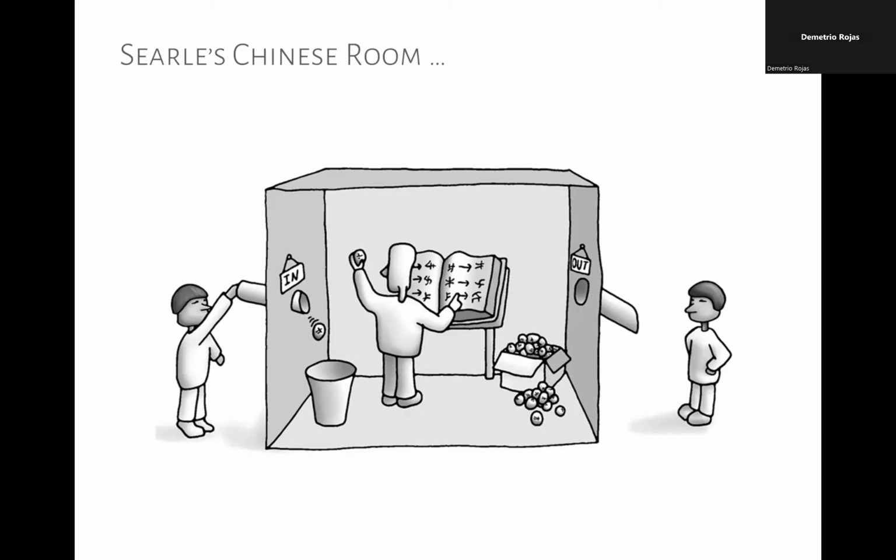The question is, first of all, let's imagine that the rule book was sufficiently detailed, it was sufficiently good, and this operator in the middle was sufficiently efficient in processing the messages, such that the messages going out seem real. They seem like good responses.